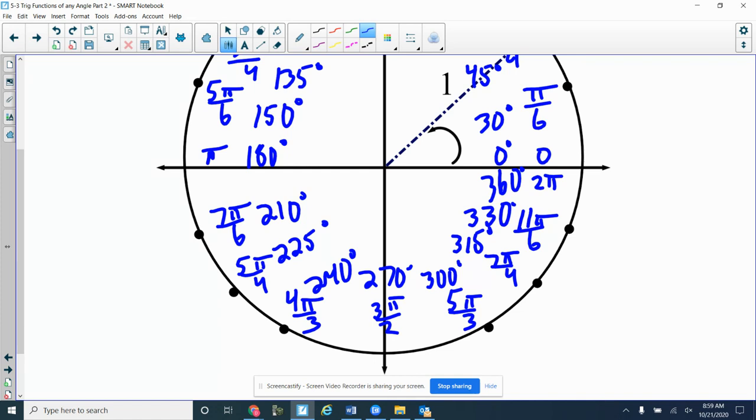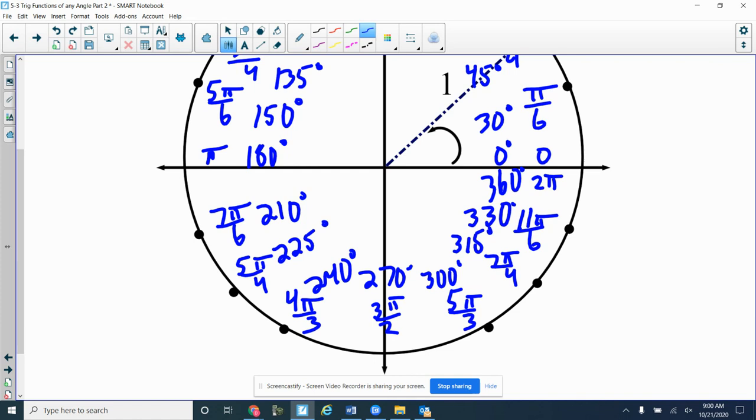So those are the angles. You don't have to write this down because you already know this by heart. One of the definitions of the sine of an angle is the y value on the unit circle.